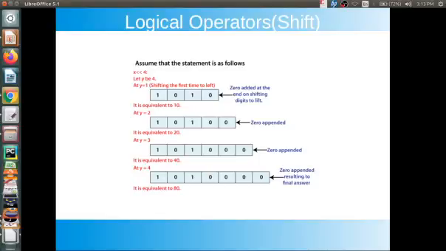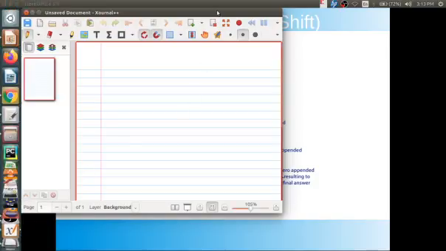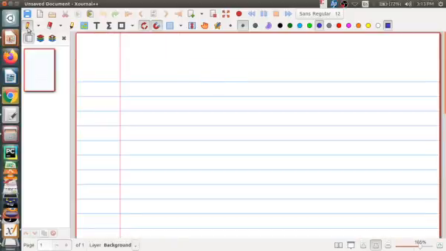Now let us go into further details. Left shift: you have to write the smaller-than character 2 times. Suppose my x value is 10.